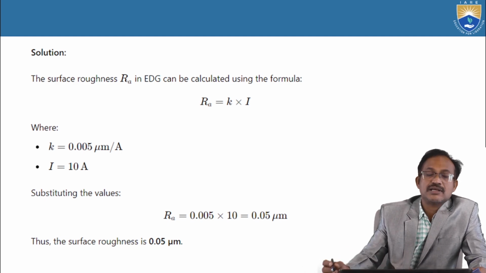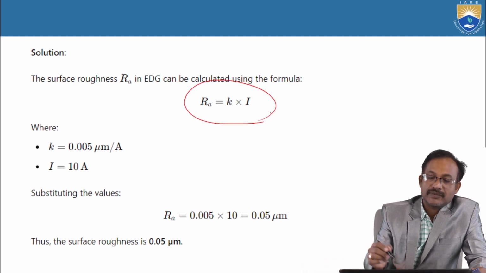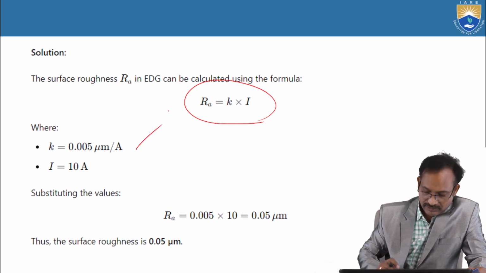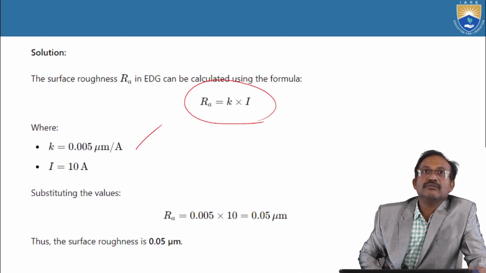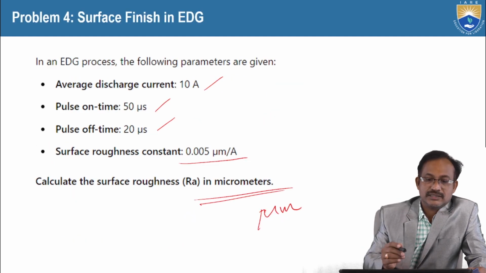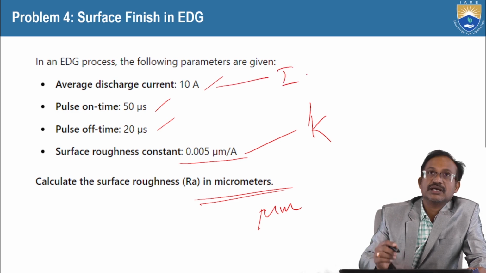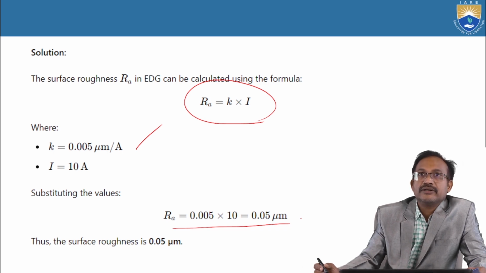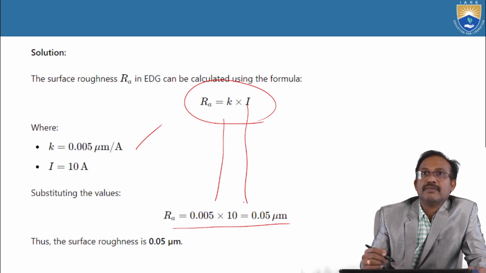Solution: the surface roughness Ra in electro discharge grinding can be calculated using the formula Ra equals K into I. Here K, the surface roughness constant, is given as 0.005 microns per ampere, and I, the average discharge current, is given. So Ra equals 0.005 into 10, that is 0.05 micrometers.